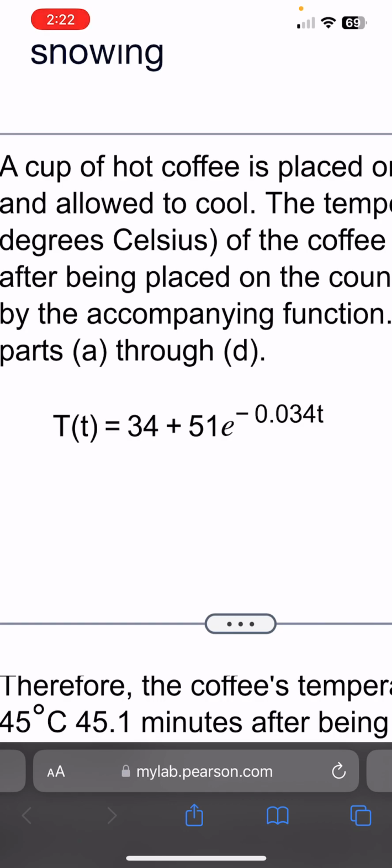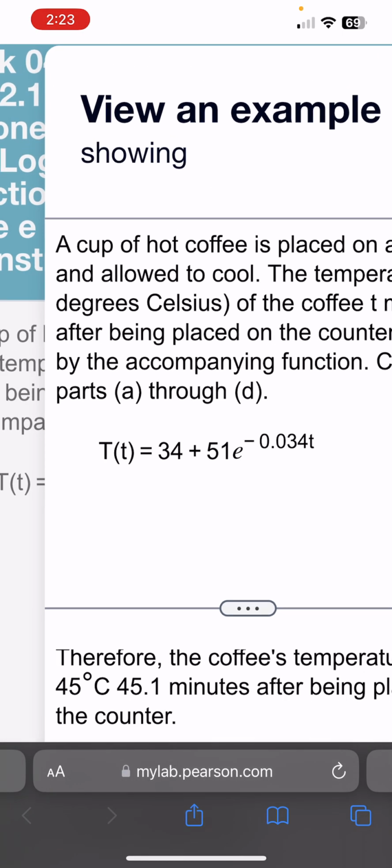If we let that power run to infinity, we essentially have e to the power of infinity, which becomes 51 over infinity. As that denominator gets bigger and bigger, that term goes to 0, closer and closer to 0. So then we just have 34 plus 0, which is just 34, okay?